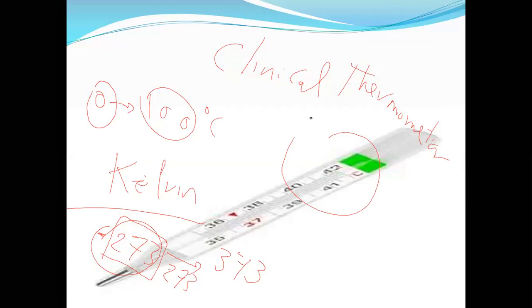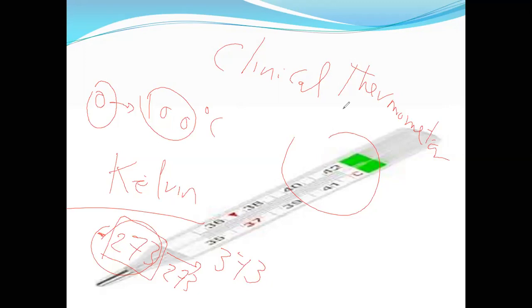The function of this thermometer is just as I told you, to measure the temperature of our bodies. So we don't have 100 degrees, because the temperature of our bodies can't reach this degree. We have only up to 40, because this is the highest temperature that we can find.